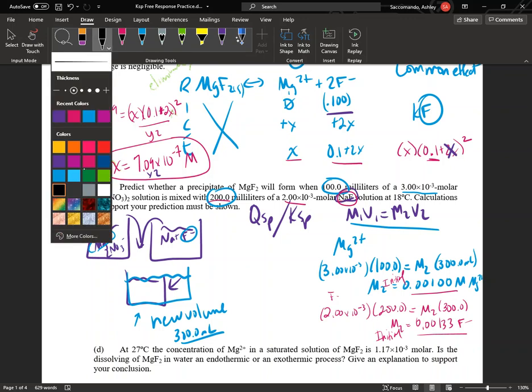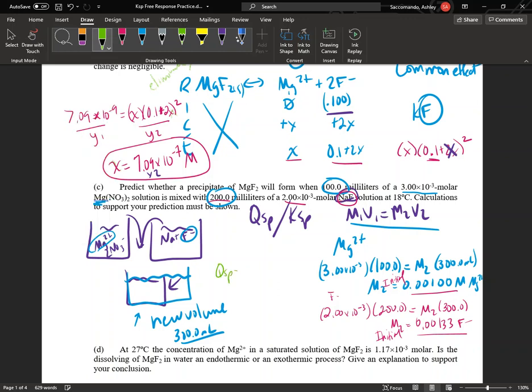So here we go, we're going to find QSP, and I'm going to do that in green here. QSP, which is the same expression as KSP, is the concentration of the magnesium, 0.00100, times the concentration of the fluoride, 0.00133, but this is squared.